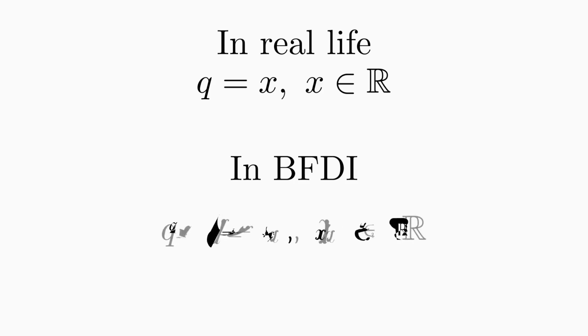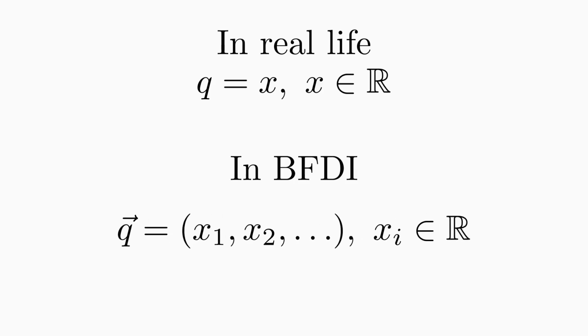We need n real numbers, where n is the number of different types of charges that exist, all interacting in different ways with each other.